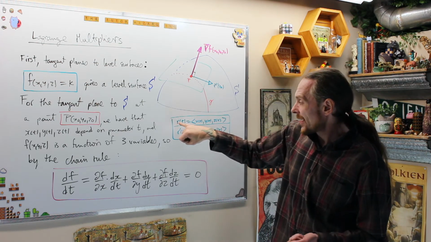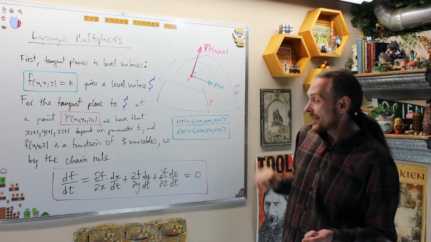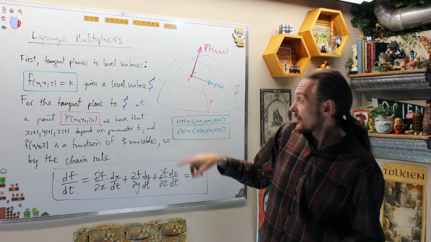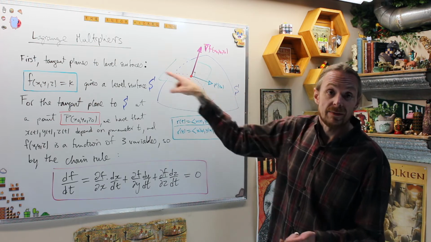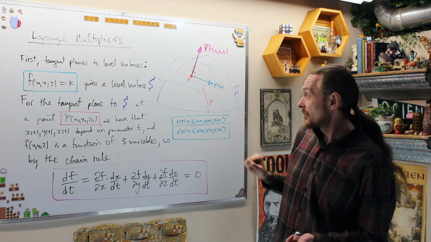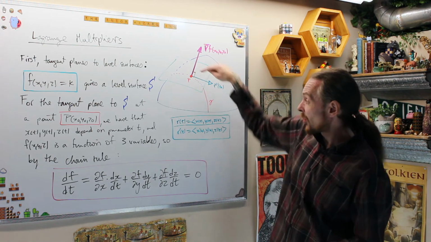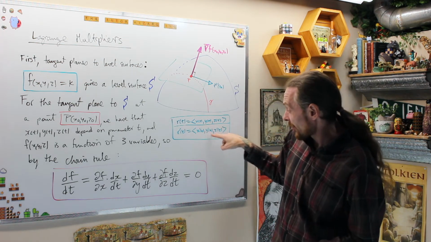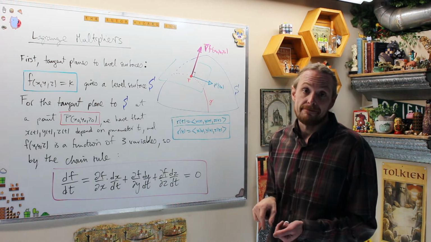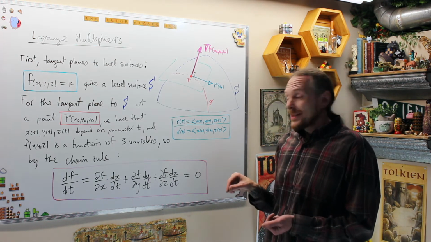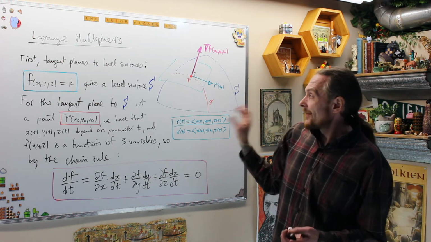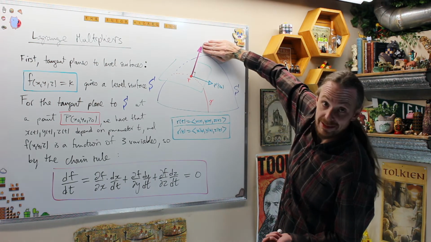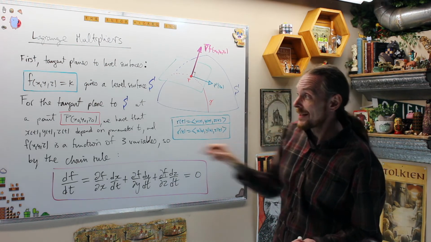We get a position function x of t, y of t, z of t, and its derivative is in the direction of the tangent line to our curve gamma at the point P. The coordinates are x prime, y prime, z prime with respect to time. How are we going to use that?